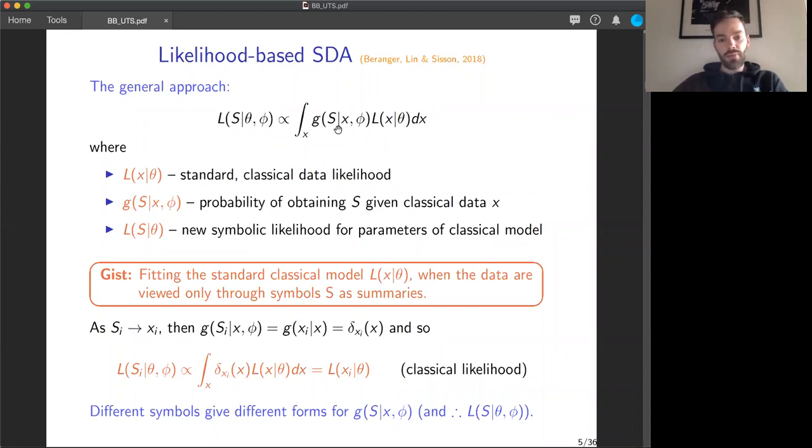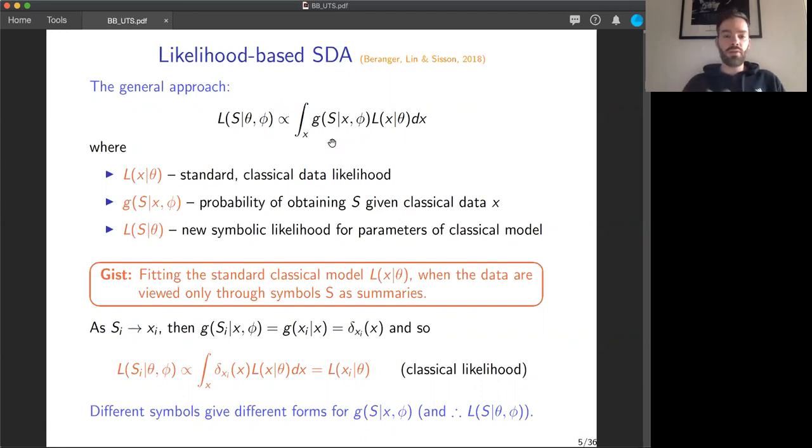The G of S given X is basically giving you the probability that you obtain a symbol given some classical data. So what the integral does is integrate the likelihood, in some sense weighted, over all the possible data sets that are going to result in the symbol that I observe.